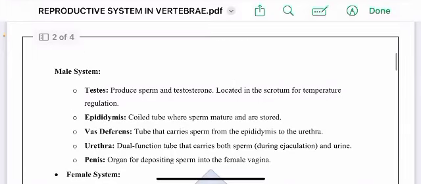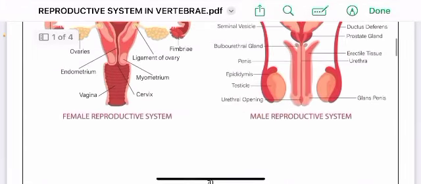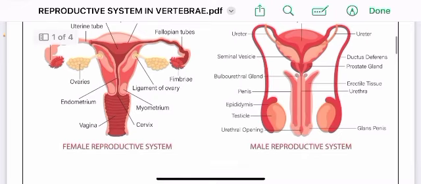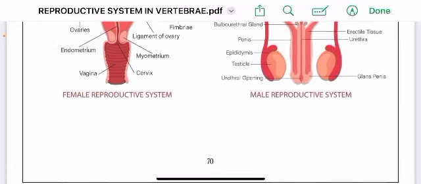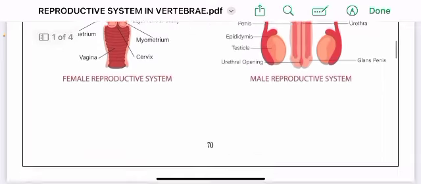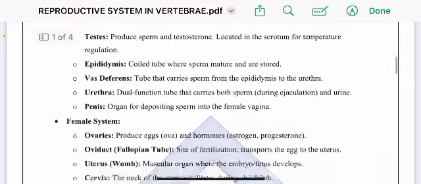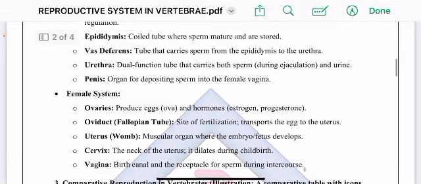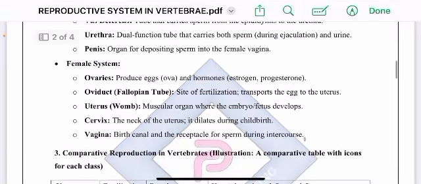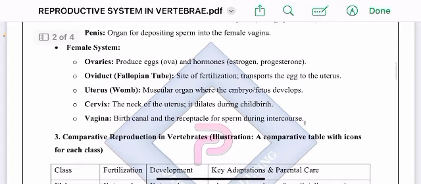So when these eggs don't get fertilized, they get discharged through the endometrium and out through the vagina as the menstruation that the ladies see monthly. Now, going back to this topic, the ovaries produce eggs and hormones.